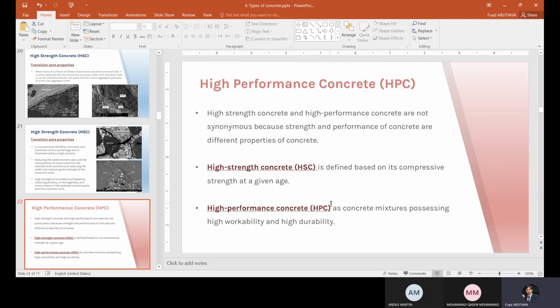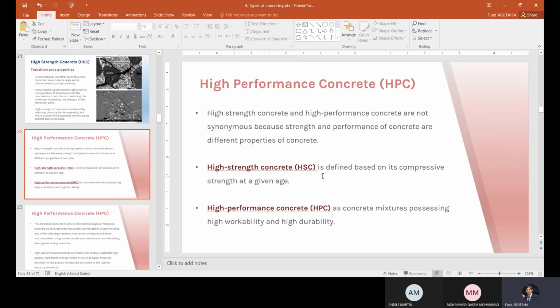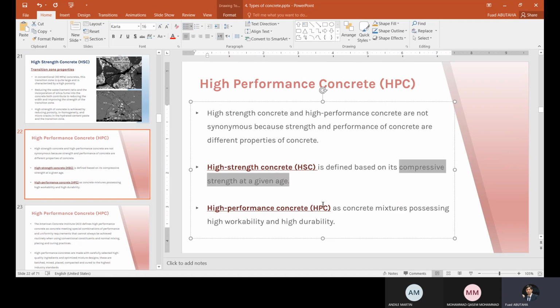High performance concrete is a concrete related to the durability and service life of concrete, rather than the compressive strength. High strength concrete is defined as a concrete that has high compressive strength at a given age.